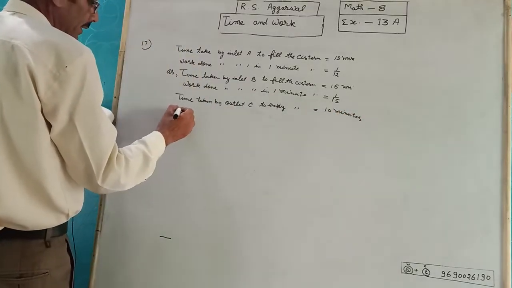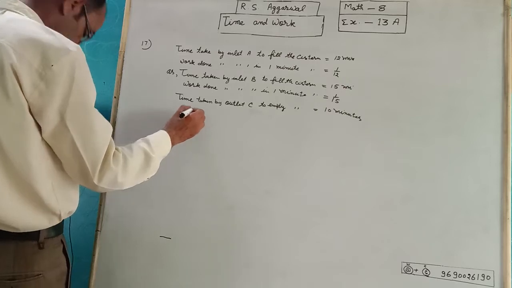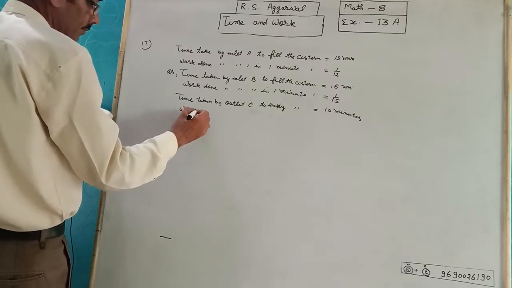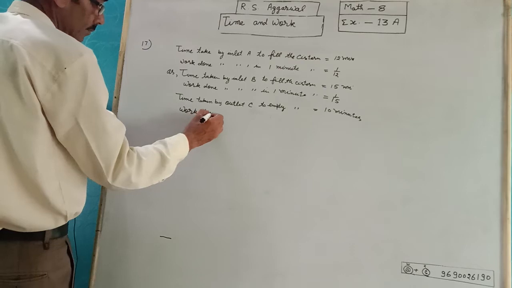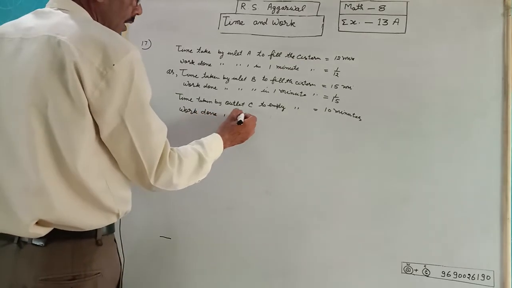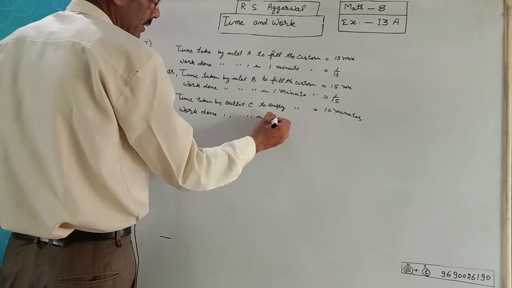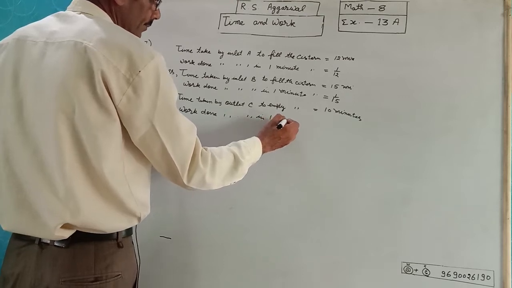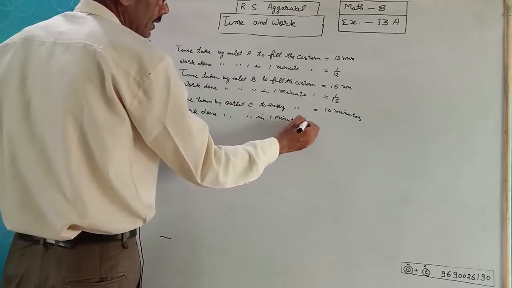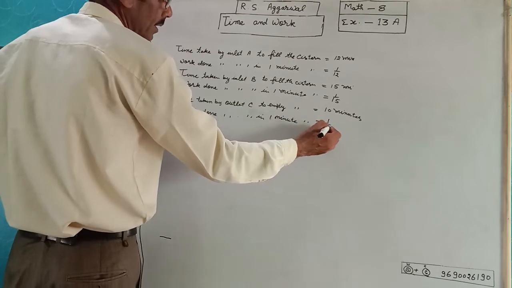Work done by outlet C in 1 minute is equal to 1/10.